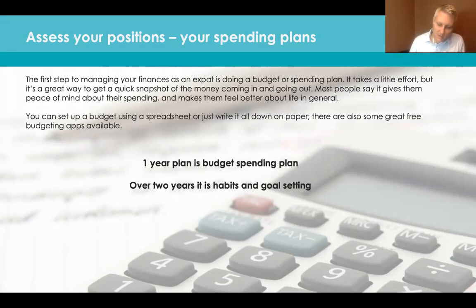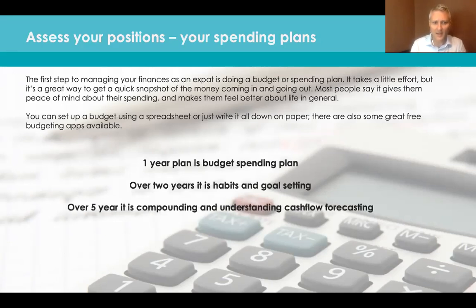So the end of that period that you're working overseas, what do you want to achieve? Is that goal setting? Are you in good habits? We'll talk about some of that shortly. And then after that, it's really sort of 5 years, or after the 2 years, it's the compounding effect of your investments and understanding cash flow forecasting, and really what are those longer term goals, and how are you going to plan for them, and how you're going to fund it.